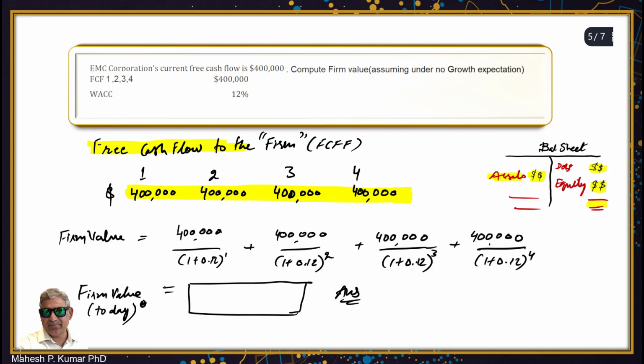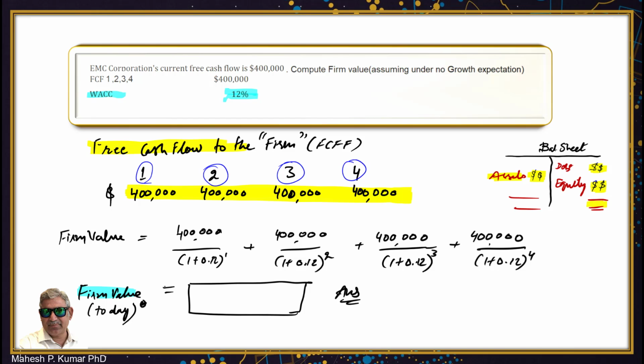So the first year, it has a cash flow of 400,000, and this is a constant cash flow for 4 years. So this project is giving constant cash flows for 4 years, and for each year this is 400,000. And assuming that the weighted average cost of capital is 12%, let us find the value of the firm in this case. So we will be using the same formula.